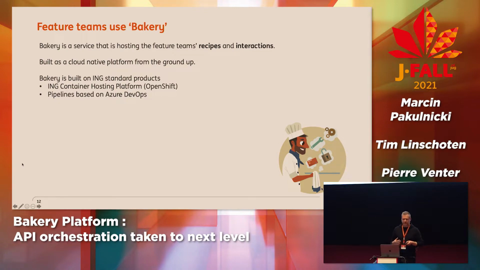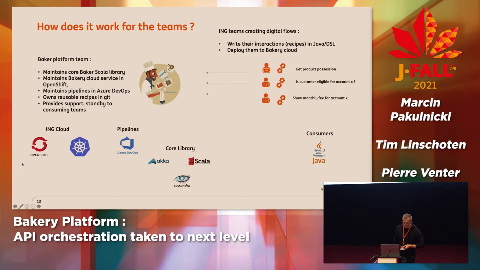And so you don't have the code for the orchestration itself in your API file system. So remember the slide of the contribution model at ING that we have? We basically have the Baker platform team, which maintains the core Baker Scala library. By the way, the Baker library is totally open source and can be found on GitHub, about which in a second.